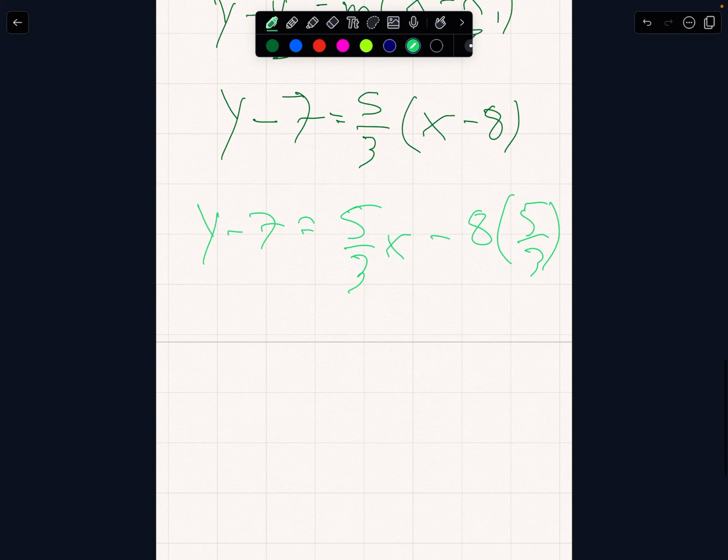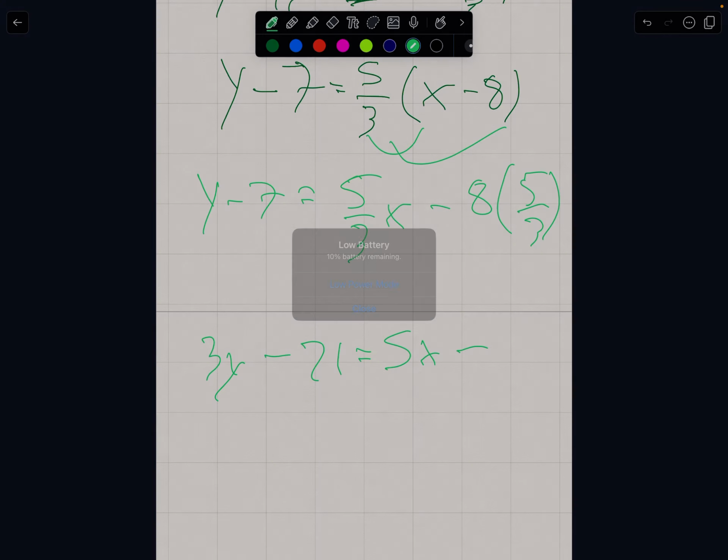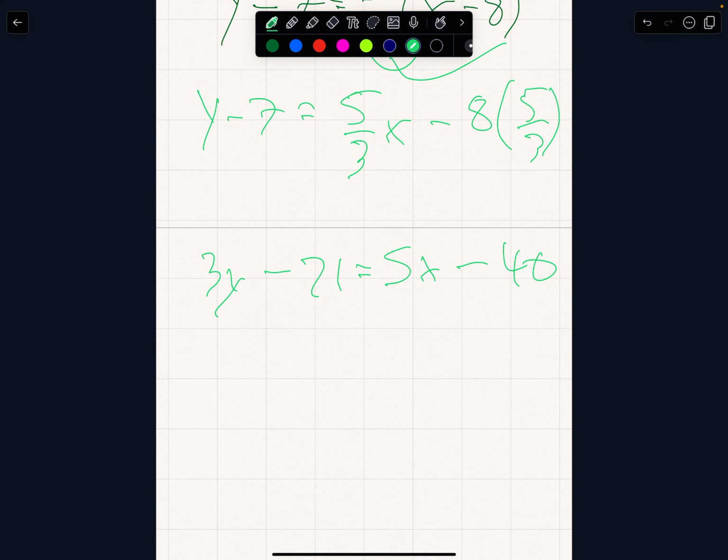I'm going to multiply everything by 3 to get rid of the denominator. Once this 3 goes away, this will be 40. I'm going to move everything to one side. What will this be? Plus 19.